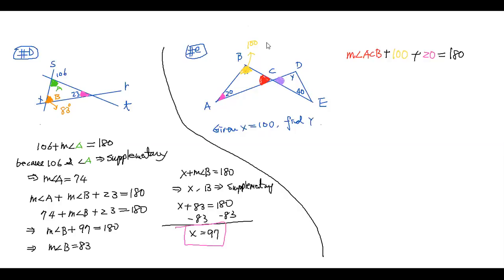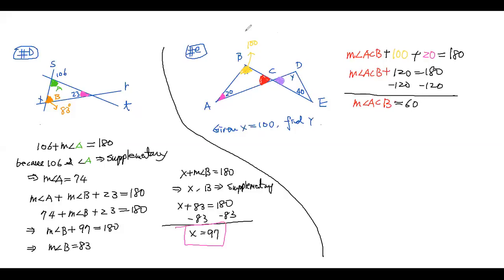So that's why I know this red angle ACB plus 120 is equal to 180. So 180 minus 120, I'm sorry. So my red angle ACB is equal to what? My red angle ACB is equal to 60, right?